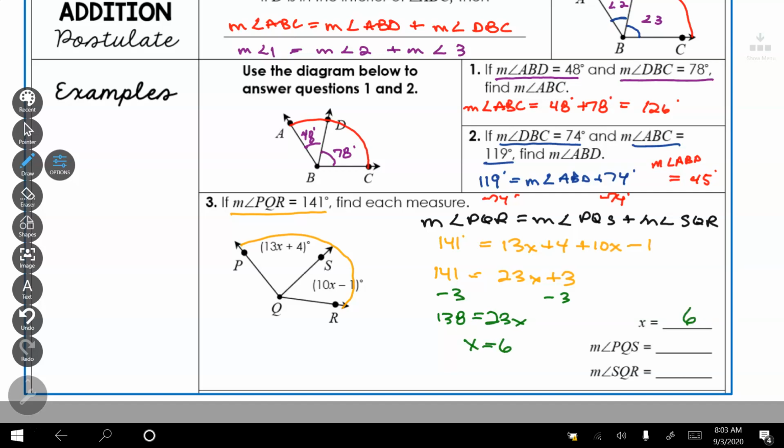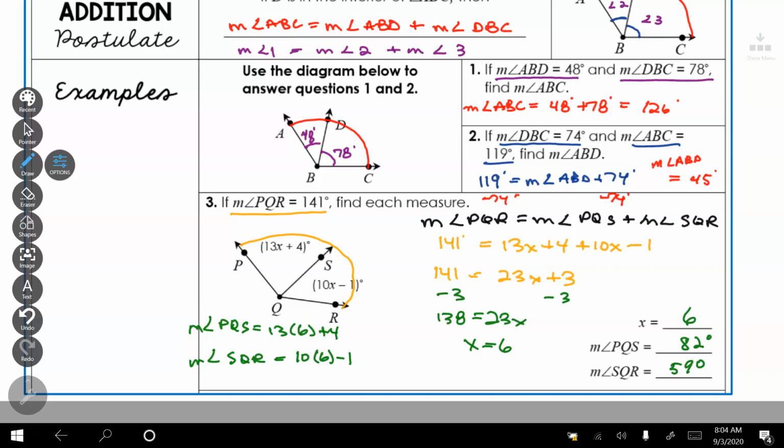So now I have to figure out the individual angles. So angle PQS is 13 times 6 plus 4, which is 82 degrees. And then the measure of angle SQR is equal to 10 times 6 minus 1, which is 59 degrees.